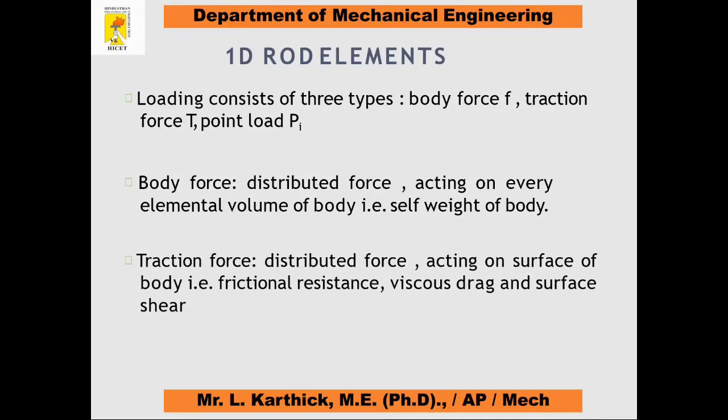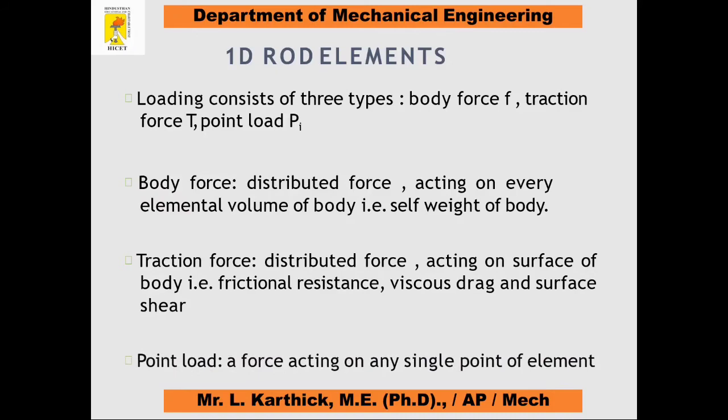It is also a distributed force, but it is acting only over the surface of the body. A few examples are frictional resistance, drag and surface shears. In fluid mechanics problems, the traction force plays a major role. And the last one is a point load, a force which is acting on any point of the element. So this is called a point load.